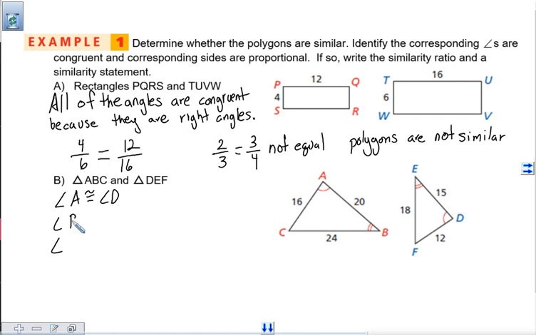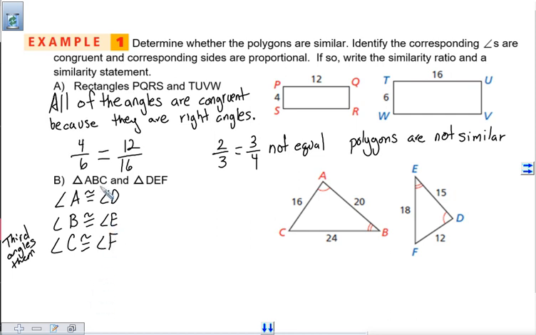So angle B is congruent to angle E. And then we have angle C and angle F. They have no arc marks. But we already have 2 sets of angles in our 2 triangles congruent. So we know, because of the third angle theorem, that the last set of angles are congruent. That means that angle C is congruent to angle F.